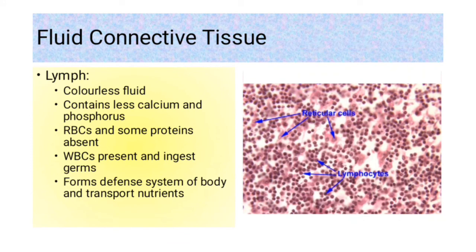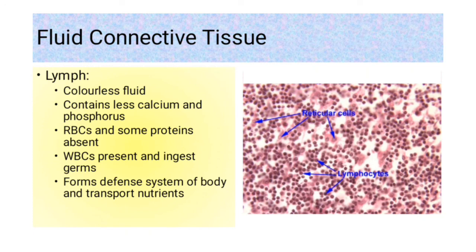Now, the next fluid connective tissue is lymph. Lymph is a colorless fluid surrounding the cells that has been filtered out of the blood capillaries. It is similar to blood in composition except that it does not have RBCs and proteins, and it contains less calcium and phosphorus than blood.